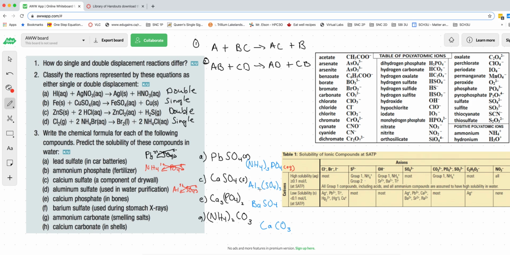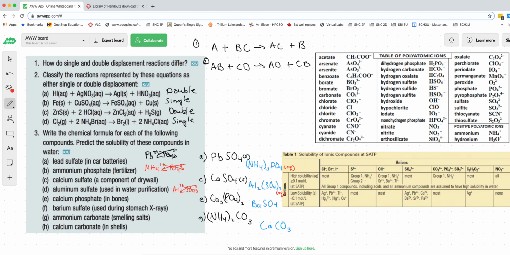So it becomes Al2(SO4)3. So then go to sulfate, and it could be most. We're not sure. So I'll keep going, and aluminum is not silver, lead 2, calcium, barium, strontium, or radium, which means that it falls under the most category and is going to be aqueous. So this one is going to be AQ.